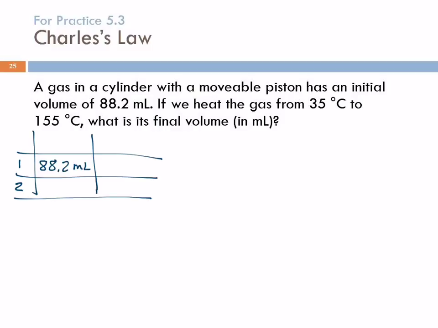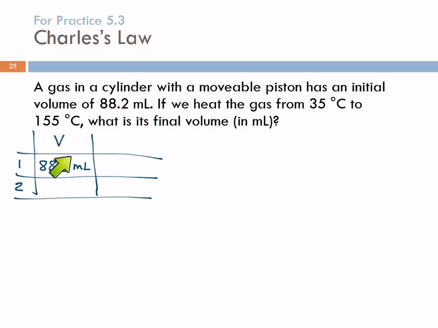In terms of the letters that we use to describe gases, what is that? That's the temperature? No, that's volume. So that's an initial volume. And then it says we're going to heat the gas from 35 to 155.